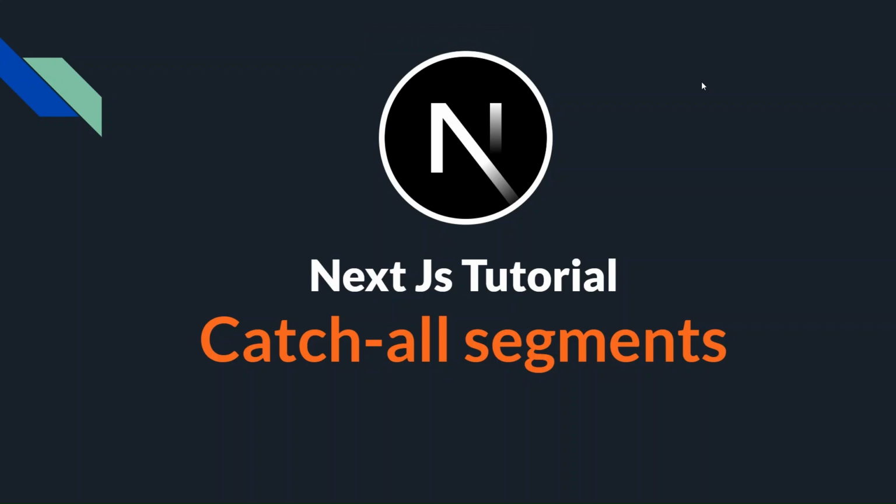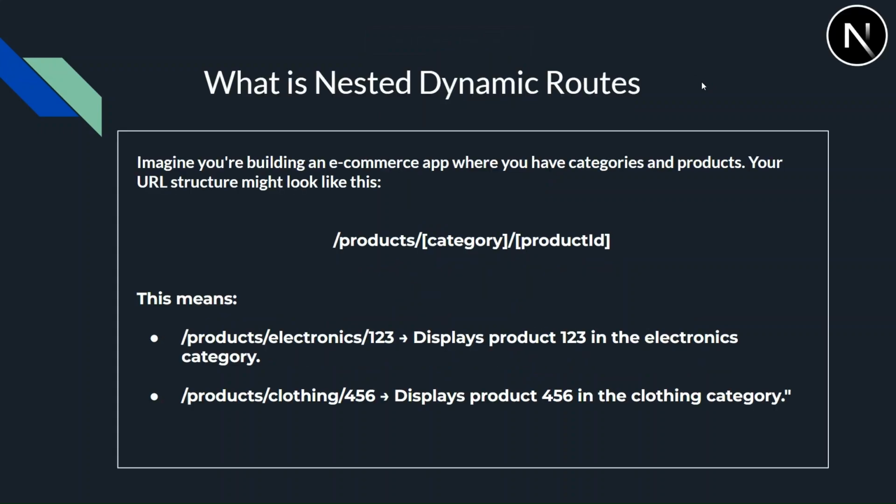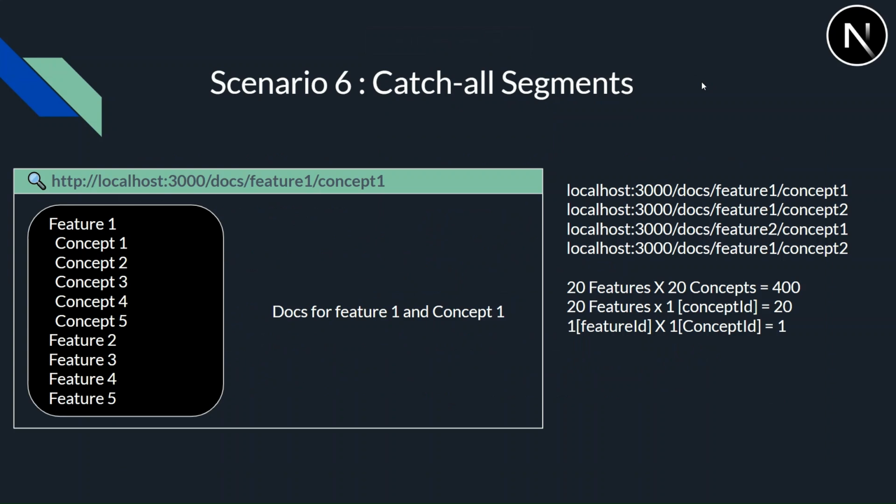So for building a catch-all segment, we have scenario number 6, in which suppose you have a docs URL where you have different features and concepts inside that.